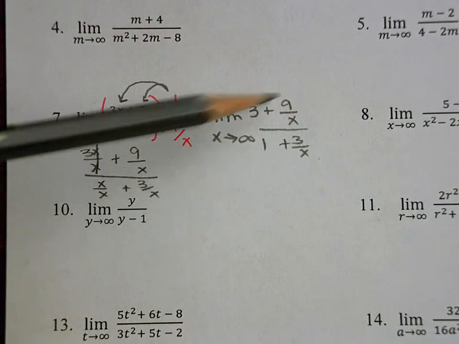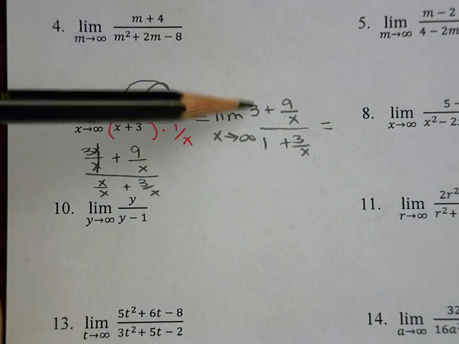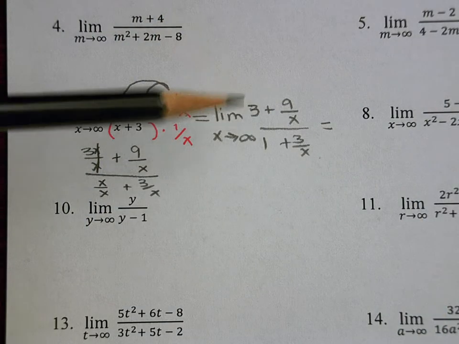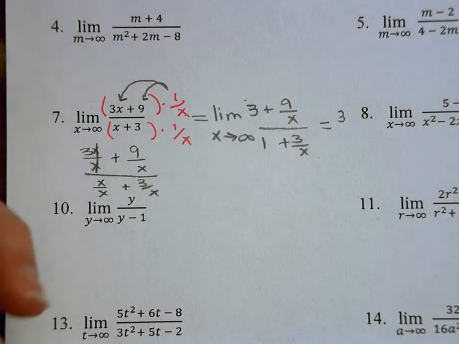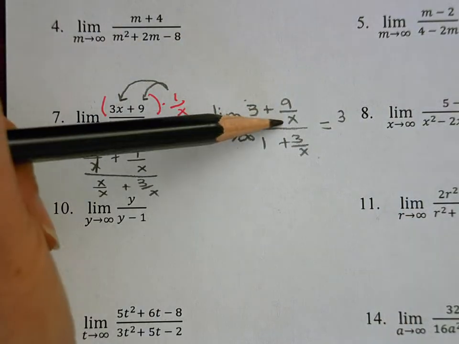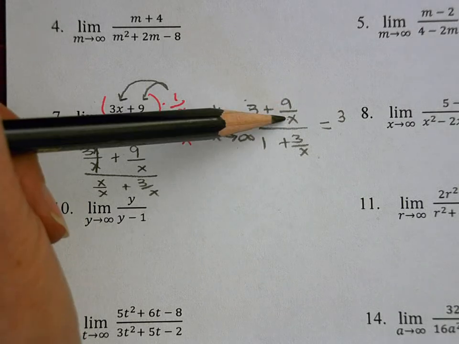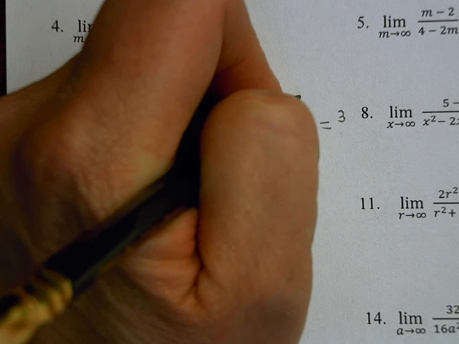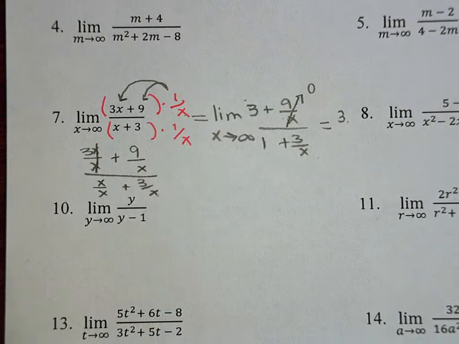The limit of a constant stays a constant, so the limit of 3 will stay 3. And then as x approaches infinity, this fraction will be 0. The bigger x gets, the smaller the fraction, going to 0. So this whole thing will just go to 0. I could write 3 plus 0, but I don't need to do that.